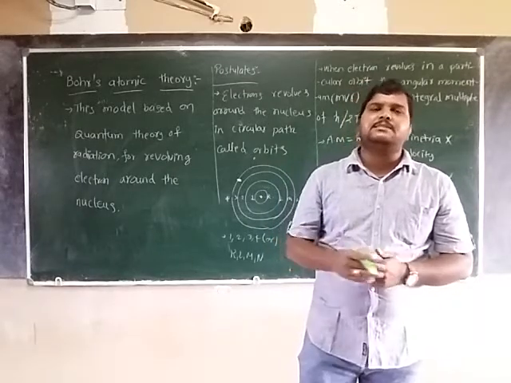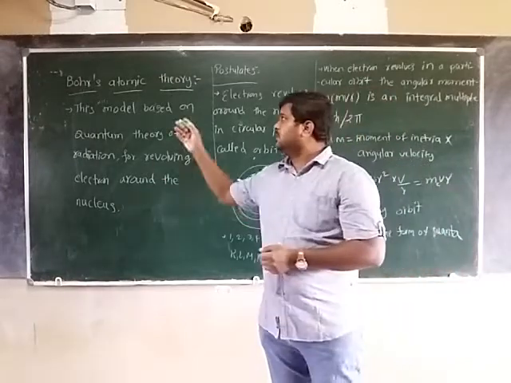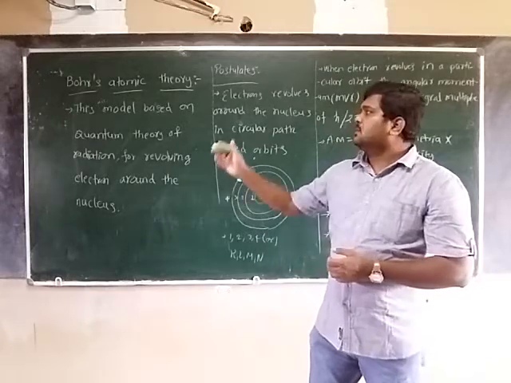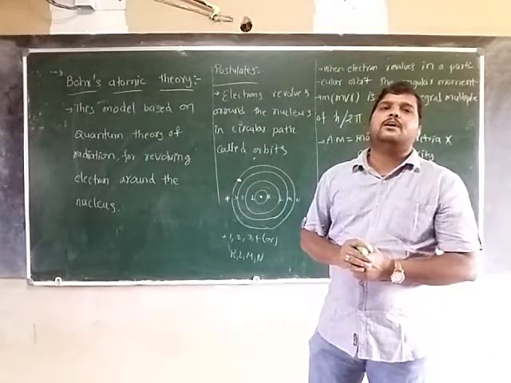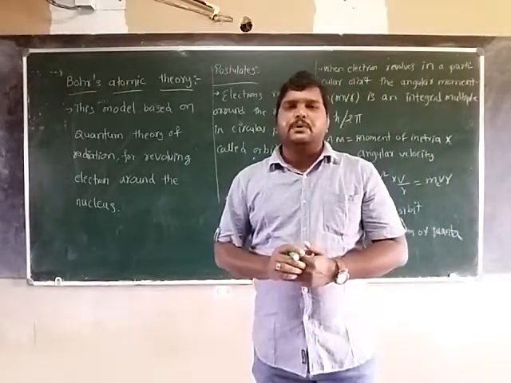So in a few cases he tried to explain the structure of atom. First, come to Bohr's atomic model. This model is based upon the quantum theory of radiation of electron which revolves around the nucleus.